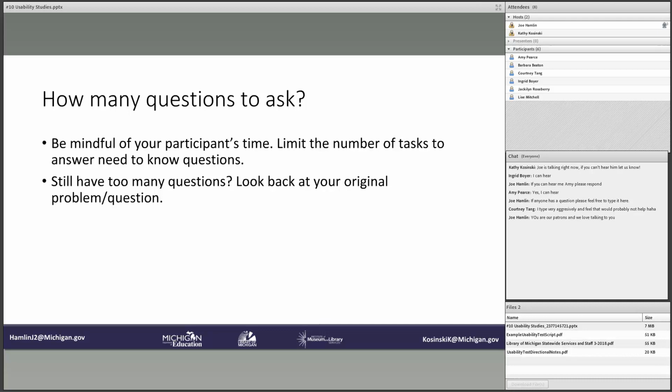I think it depends on the service you're testing. What kind of tasks are you doing? Are you doing wayfinding? You're going to ask them to find a couple of different areas. If you want them to be able to use one of your technical services to put a book on hold, or like your example, checking out something using a self-check machine, as few as you can ask to get them from beginning of using the service to completing using the service.